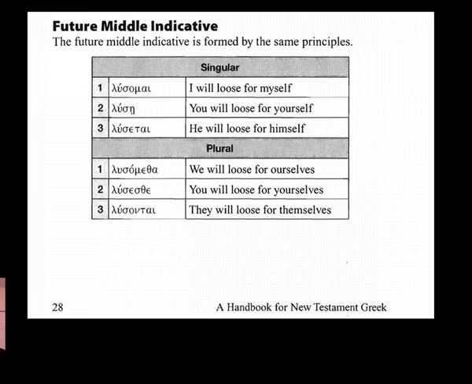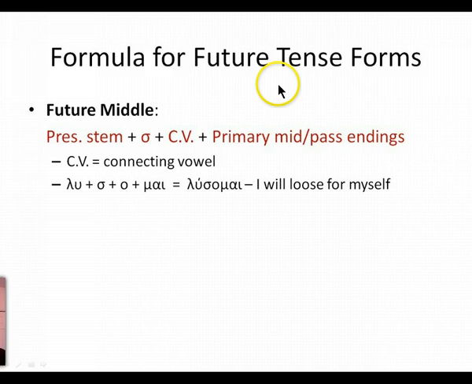And notice here that the future middle translation has for myself, for himself, for ourselves, for yourselves, for themselves, all the way through, because the future middle always has a middle significance. The subject is acting for its own benefit. The formula for the future middle, I already said it, but here it is if it's helpful to see it in text: present stem plus sign of the future plus a connecting vowel plus your primary middle passive endings.